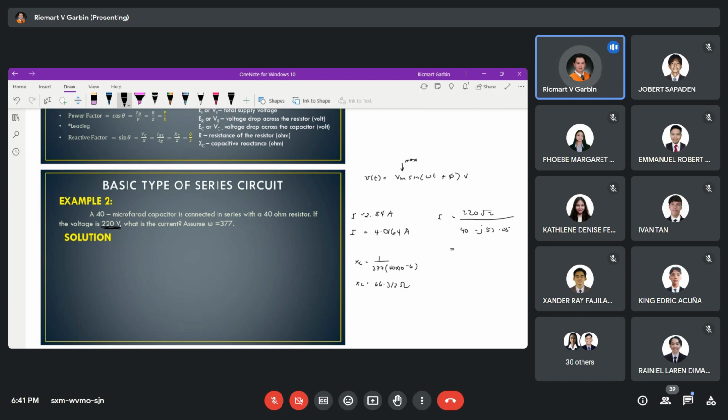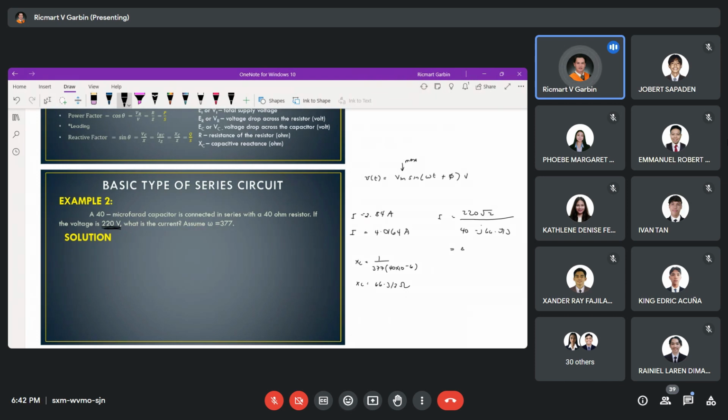So, magiging 220 square root of 2 over 40 minus j66.313.